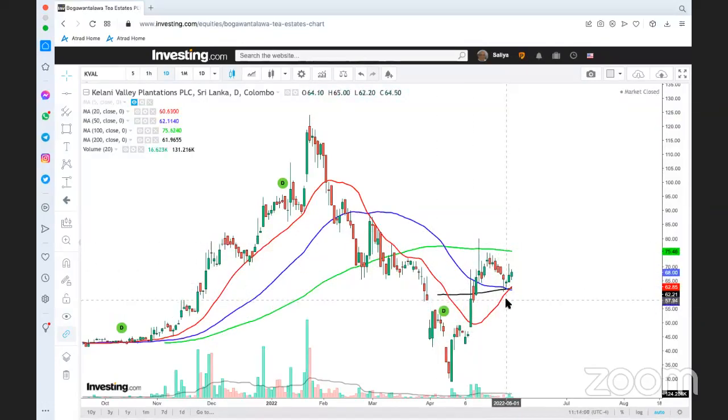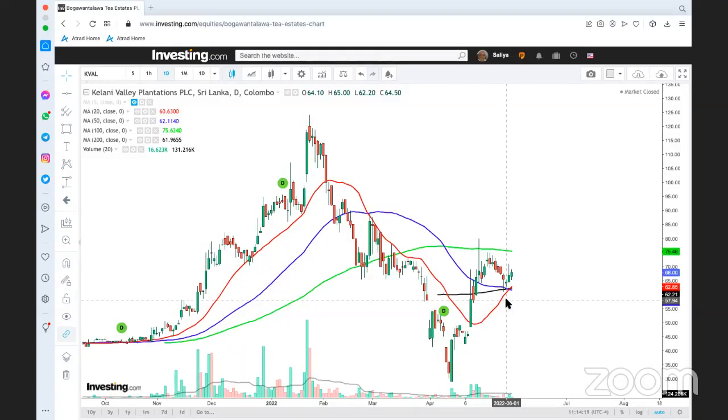So for this analysis, we are not making use of Kalani Valley. Just because the prices are going up in a sector doesn't mean that all the companies in that sector will be useful for us.